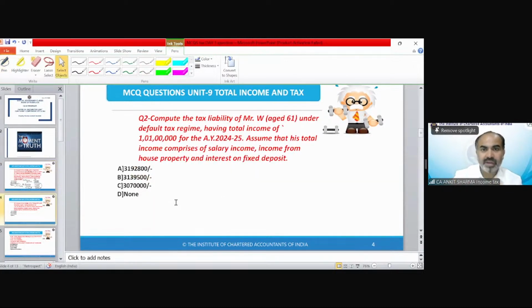Now, question number 2. Compute the tax liability of Mr. W, age 61 years, under default tax regime, having total income of 1 crore 1 lakh for assessment year 24-25. Assume that his total income comprises of salary, house property, and interest on FD.